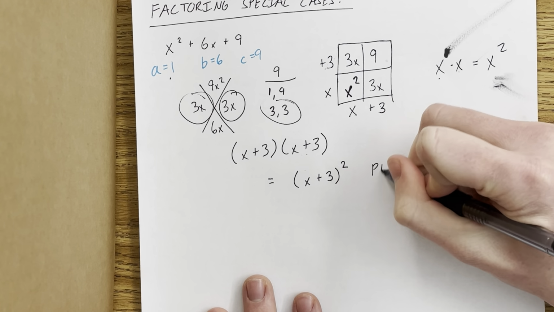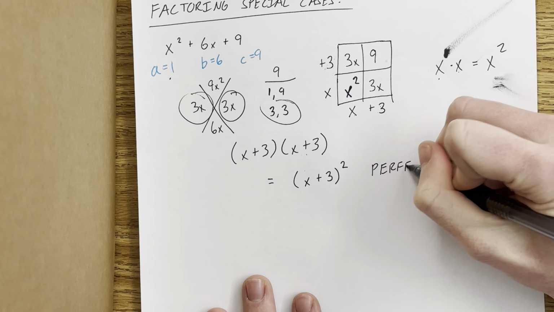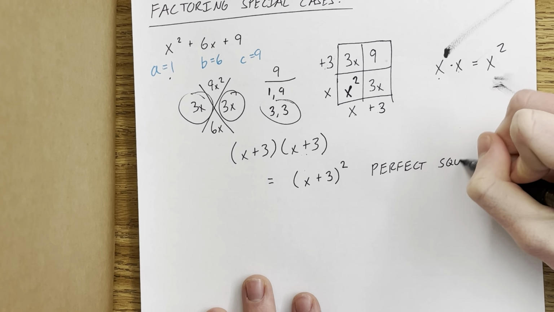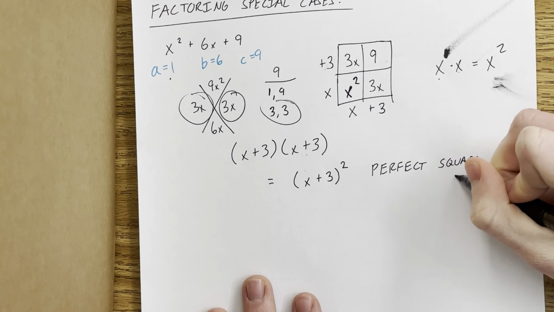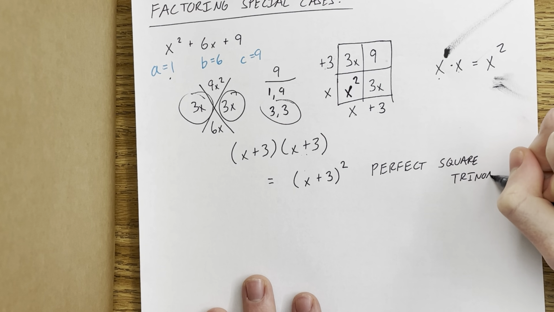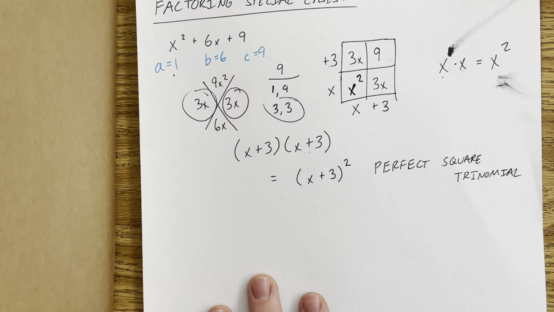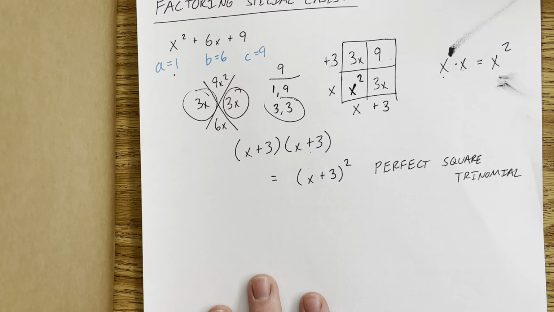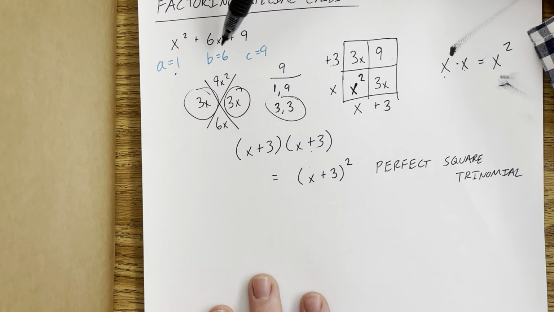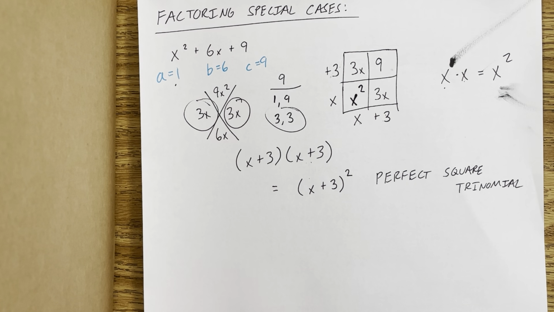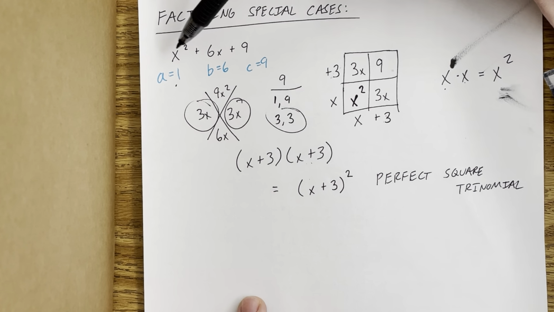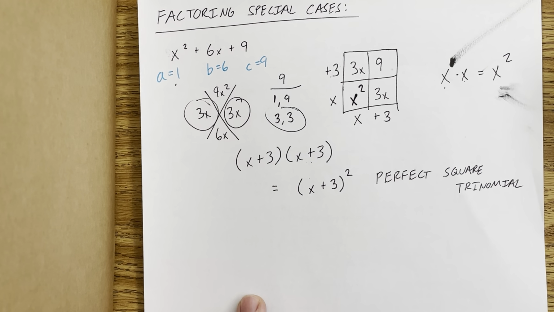This is what we call a perfect square trinomial. This is one of our special cases. Honestly, I usually don't encourage students to look for the pattern that this has, because I don't think that's very apparent when you look at it, especially when there's a coefficient in front of the x.